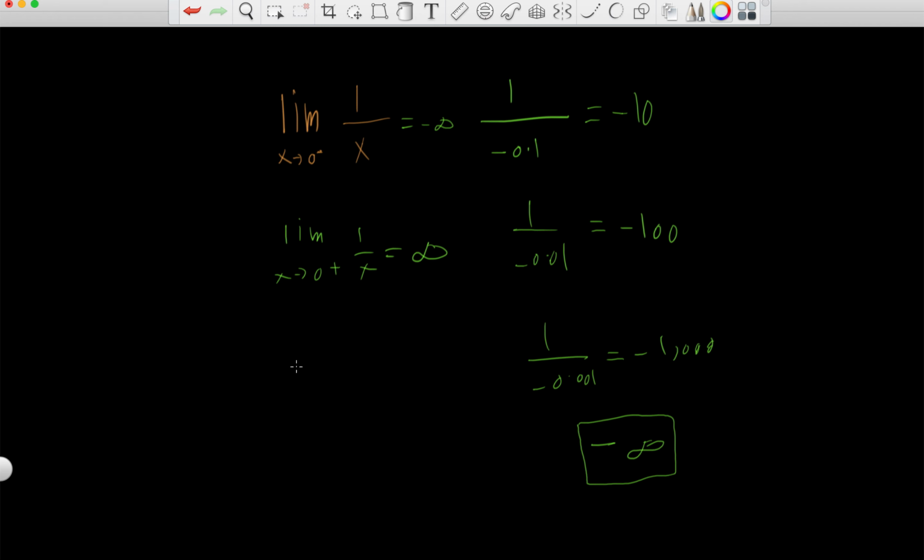And for that reason, the limit as x goes to 0 of 1 over x does not exist. And let me tell you why it doesn't exist. From the left it reaches negative infinity, from the right it reaches infinity, and so for that reason the limit as x goes to 0 from both the left and right doesn't exist, because it's different for both. And that's a very interesting thing that you should think about.